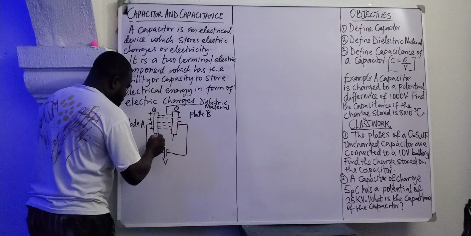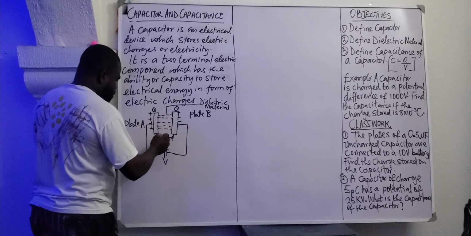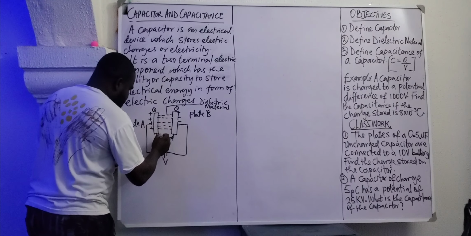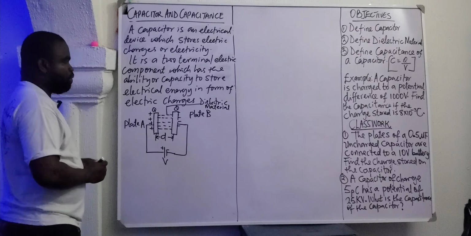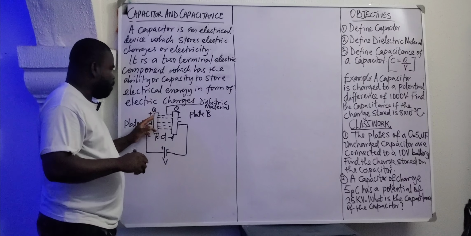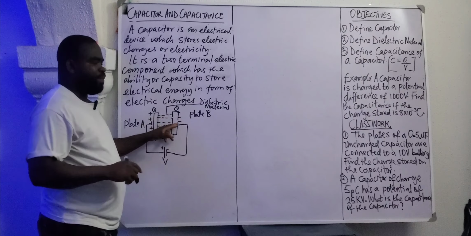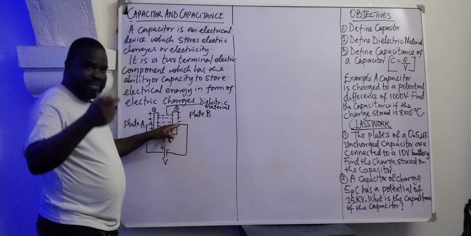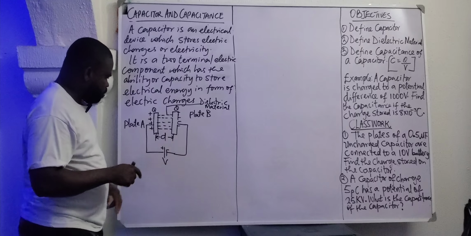Now, the distance or separation between the two conductors or metallic plates, we will call it d. Since we have equal but opposite charges on the plates, the net charge on the capacitor is 0.